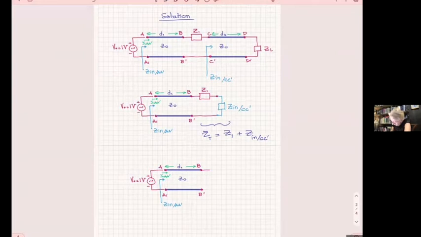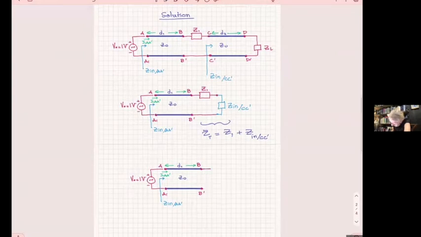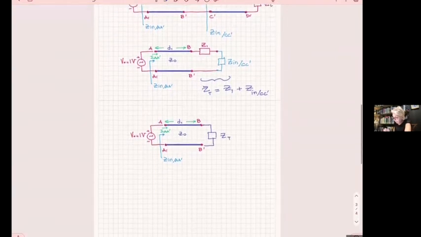And here at the end, I'm going to put this impedance, which is going to be Z total, which I computed before. And then I will also transfer this impedance along this line. And by transferring this impedance, it's going to give me the input. All right, you see the process? That's how I'm going to solve it.